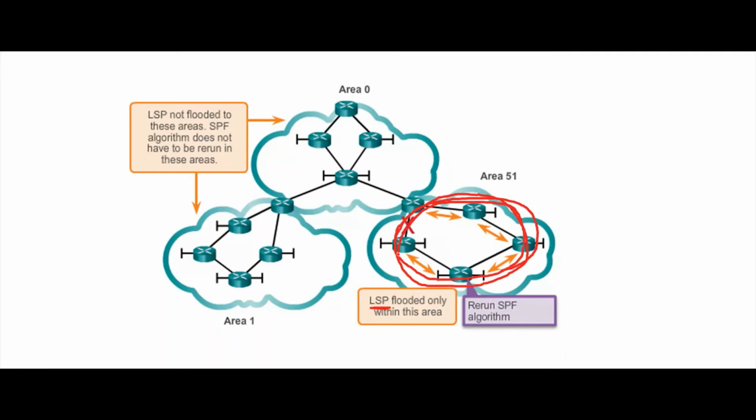The LSPs will run only within their own area and are not flooded to other areas. Suppose this router sends an LSP; it will reach only these routers, not the routers in the other areas. This is one of the advantages, and this is called the hierarchical design.